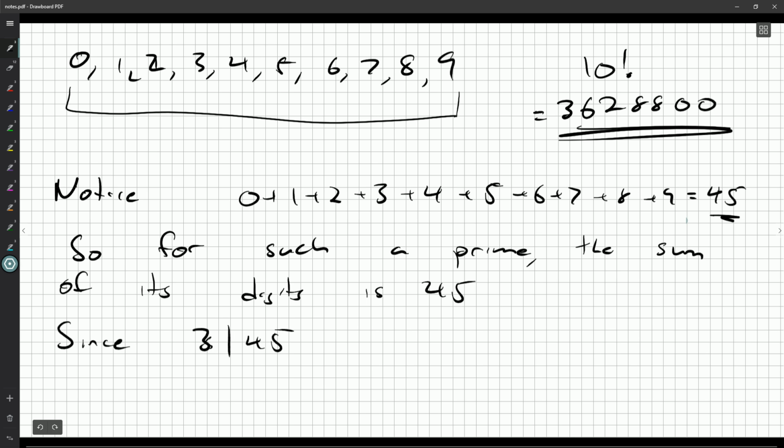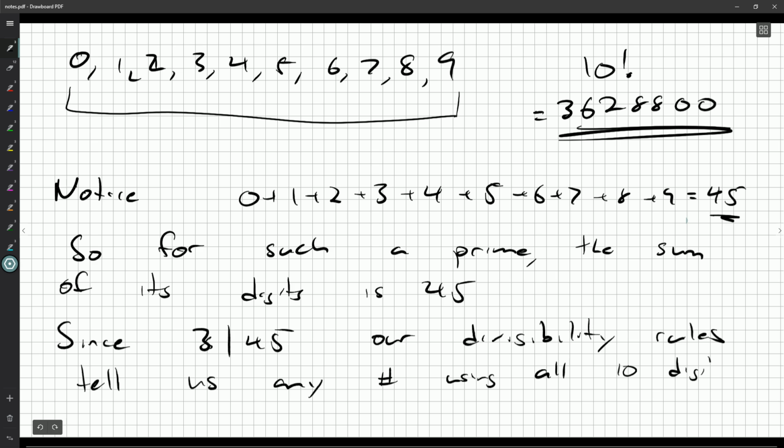So since 3 divides 45, our divisibility rules, and these are good things to know for math contest, tell us any number using all 10 digits exactly once is a multiple of 3. So such a number cannot be prime.